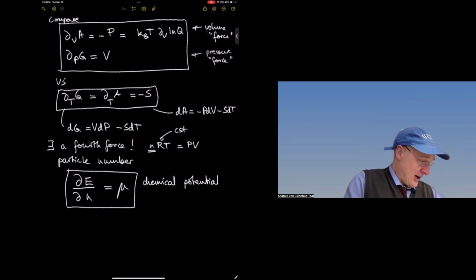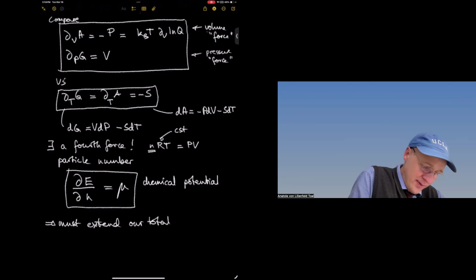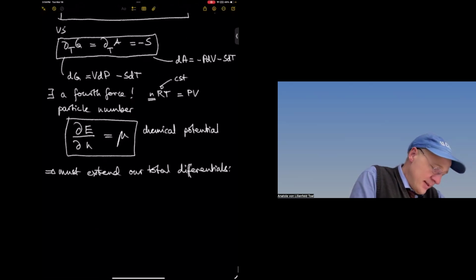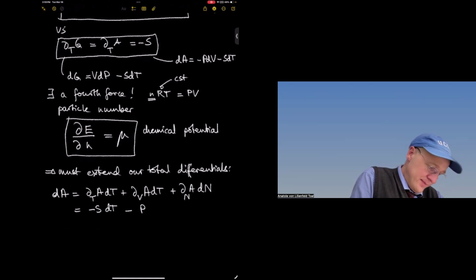We extend our total differential. dA is not only our entropy and our pressure, but also our chemical potential term, right?